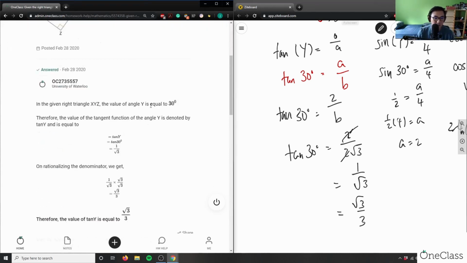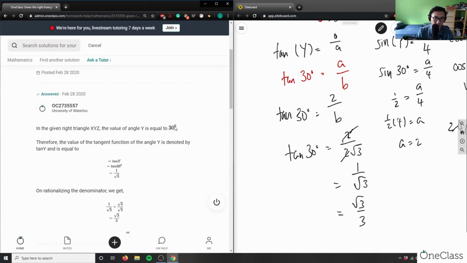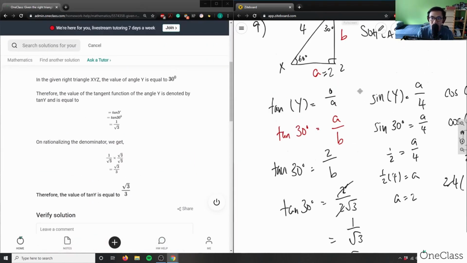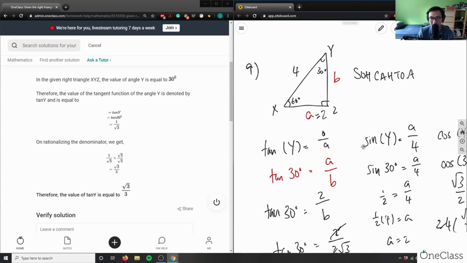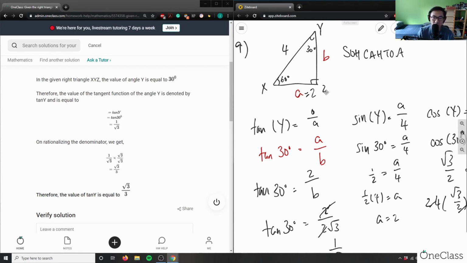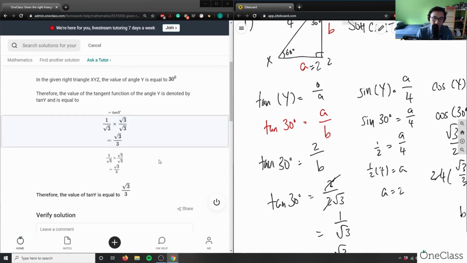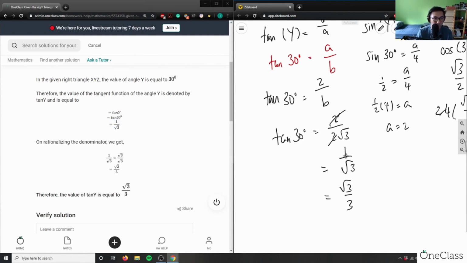So tangent of 30 degrees is 1 over root 3, and this is a correct solution. I approached it in a different way, as if we didn't know the side lengths, but you can also just put it into your calculator and still get tangent 30, which gives root 3 over 3.